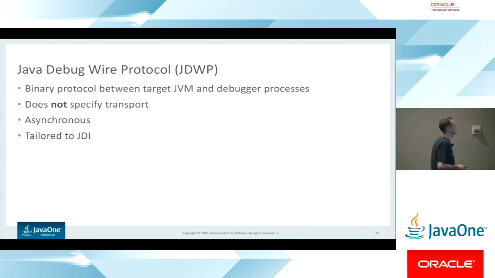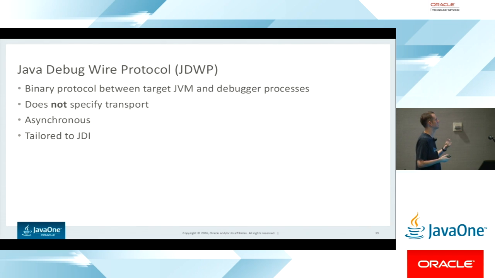So the wire protocol is really, really simple. In fact, it's amazingly simple. We can cover it in just a few minutes. And one of the things that makes it so simple is that it doesn't specify a transport. So you need something else underneath it, whether that be IP for a socket connection, or on Windows, the reference implementation supports in-memory as a transport for mapping shared memory between the target and the debugger processes and using that to communicate.